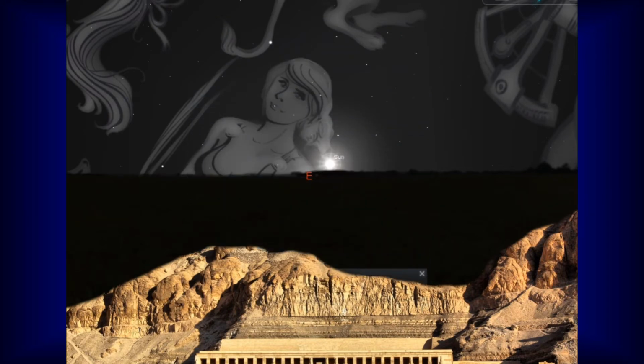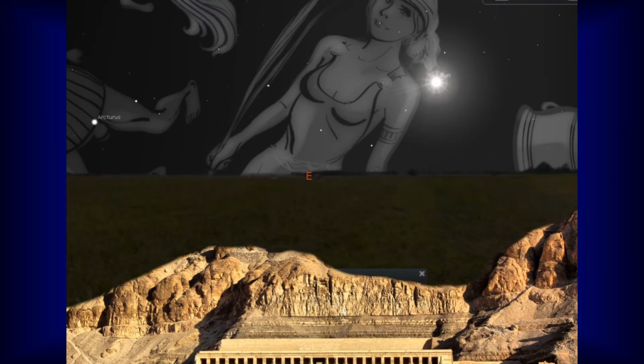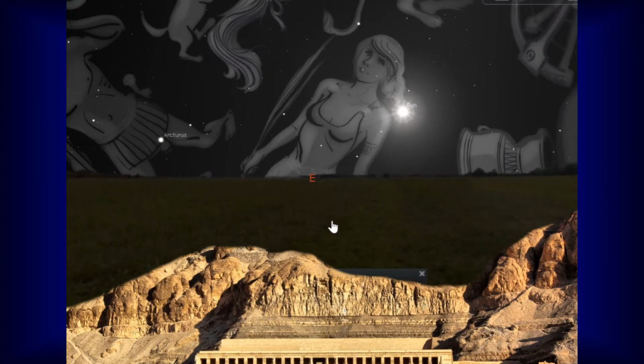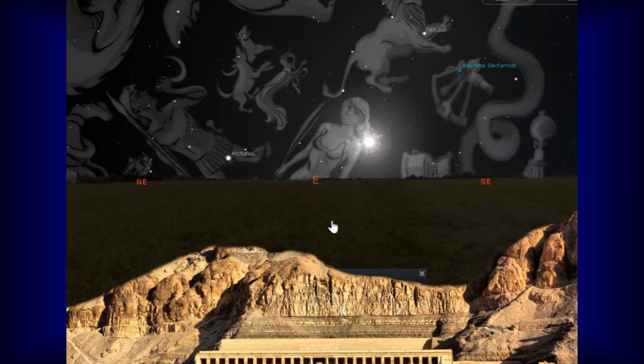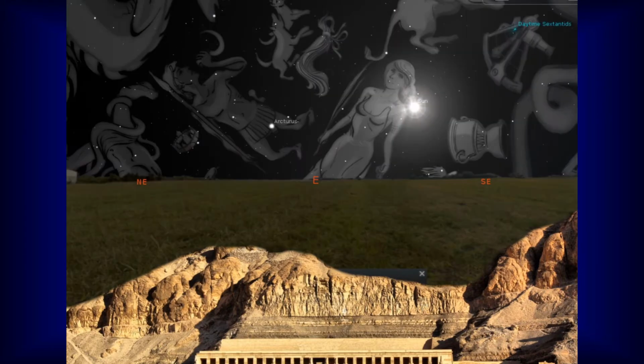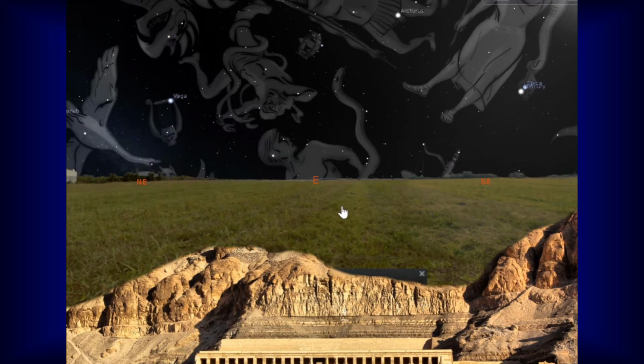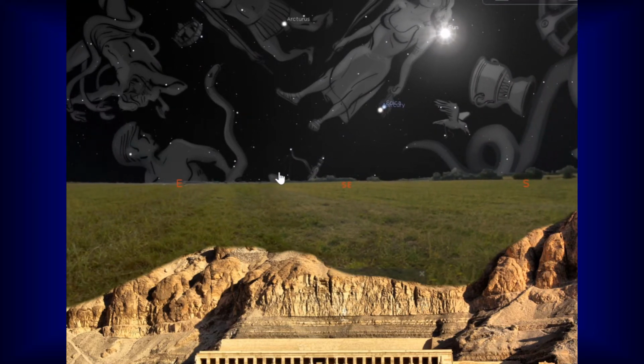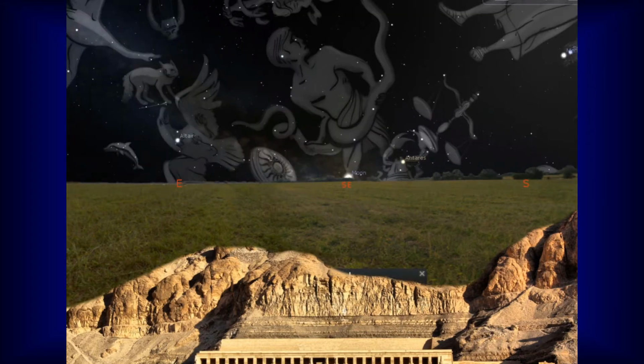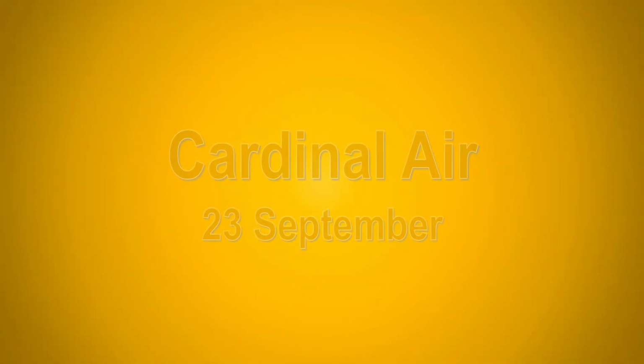Alright, this is the fall equinox, autumn, and that is when the sun comes up again at the exact eastern horizon, and it's not in Libra but in Virgo. And we get the cardinal air period, expanding, which is attached to Libra.